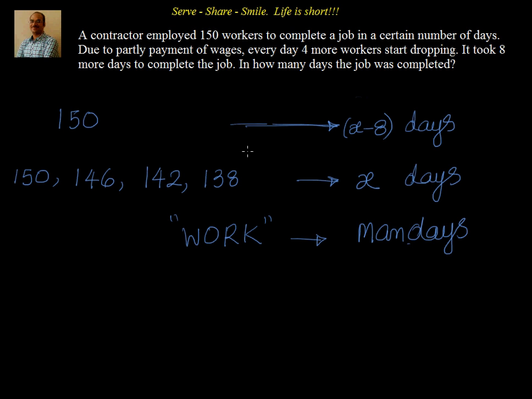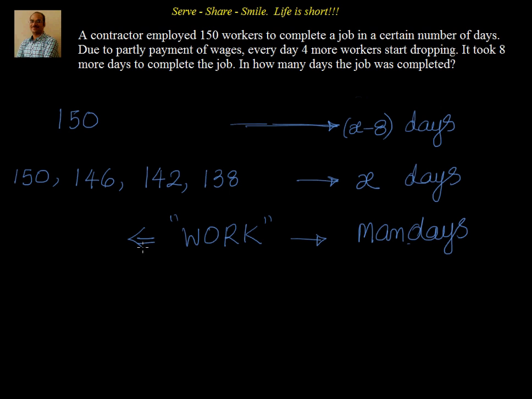We can simply say that 10 workers came, we will finish it in 8 days. Now instead of 10 they are becoming 10, 8, 6, 4. It will take more time. But we know that 10 into 8, 80 workers are coming. In the second scenario also, the workers total should be equal to 80 only. The days will be a little bit more, but the total number of workers should be the same.